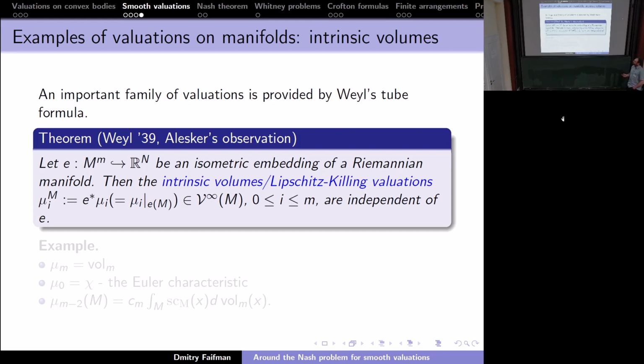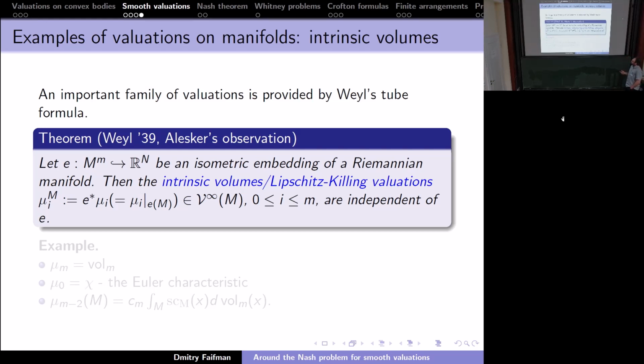We have an embedding of a manifold M into some large dimensional Euclidean space, an isometric embedding, and M is a Riemannian manifold. Then we can take the intrinsic volumes mu_i of R^n and restrict them to our embedded manifold, which is just to say that from now on we evaluate those intrinsic volumes on subsets of the manifold, and by some general theory we get an evaluation on the manifold.